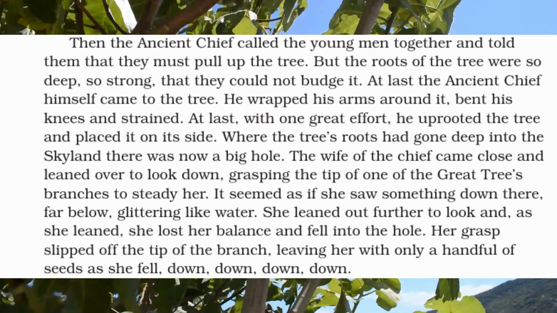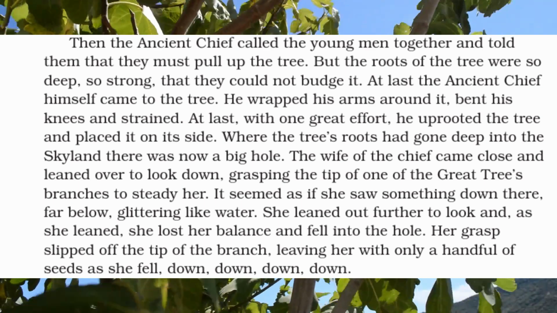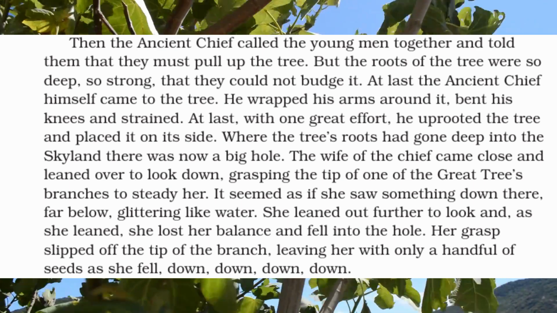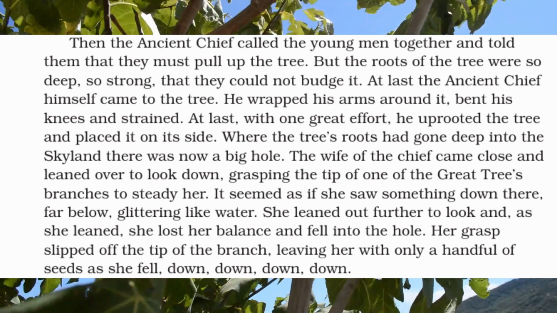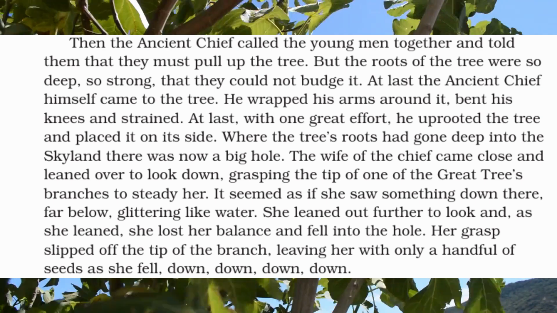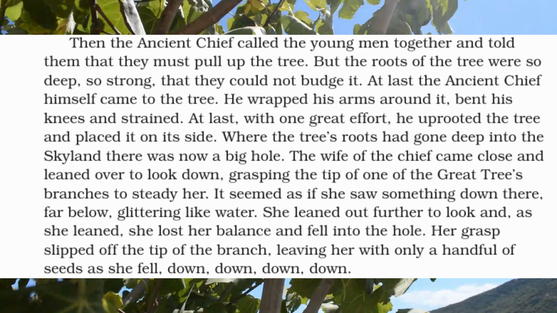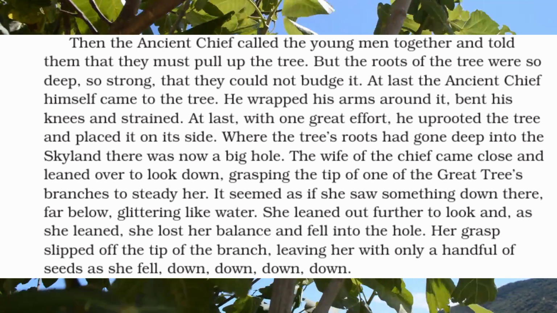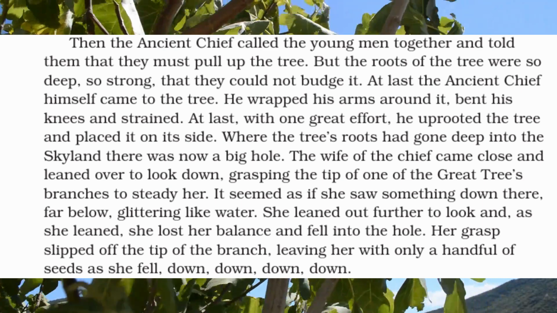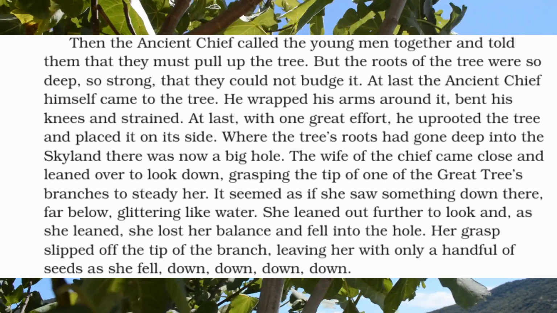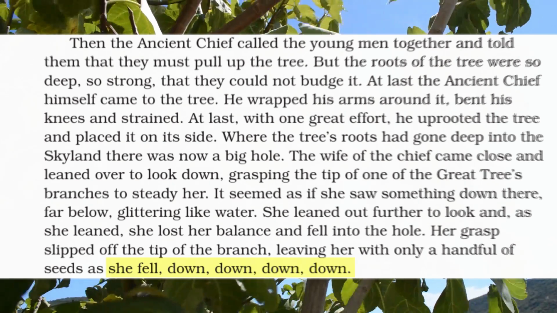The wife of the chief came close and leaned over to look down, grasping the tip of one of the great tree's branches to steady her. It seemed as if she saw something down there, far below, glittering like water. She leaned out further to look, and as she leaned, she lost her balance and fell into the hole. Her grasp slipped off the tip of the branch, leaving her with only a handful of seeds as she fell, down, down, down, down.